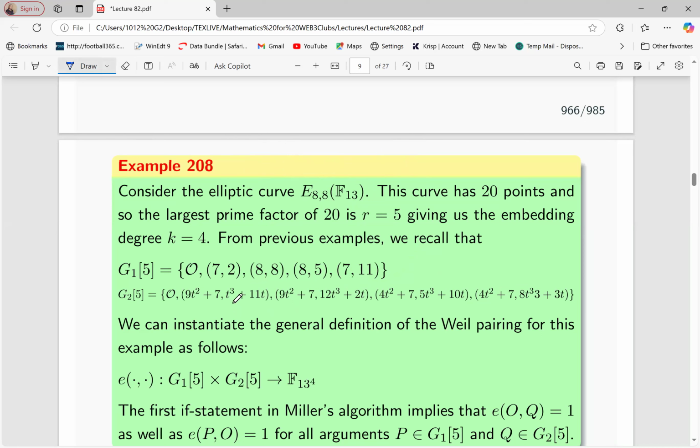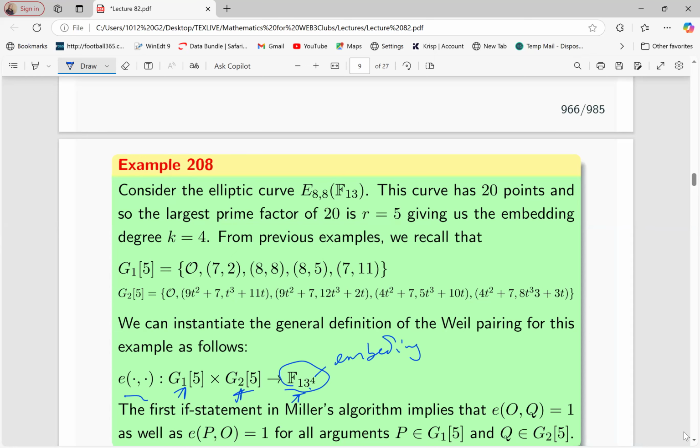So we pick a point here, do Weil pairing, and see whether we can get an element of this field, where 4 is the embedding degree. It must be an element of this field in the target group.